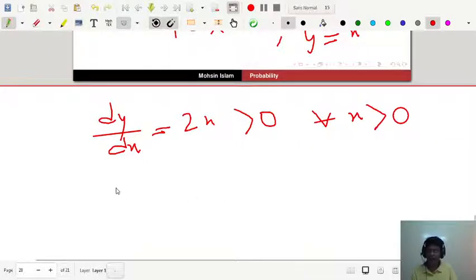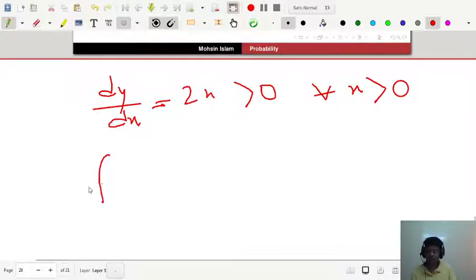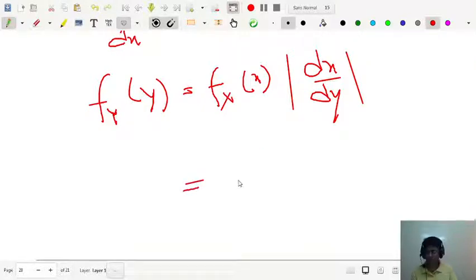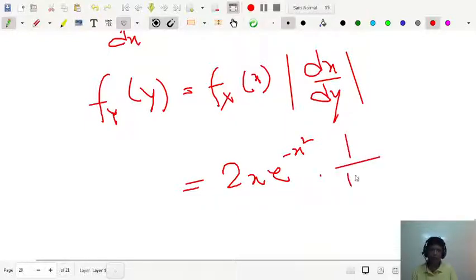And now f_Y(y) is given by the formula of the transformation, f_X(x) times |dx/dy|. So f_X(x) is 2x e to the power minus x square into 1 by |2x|, right?